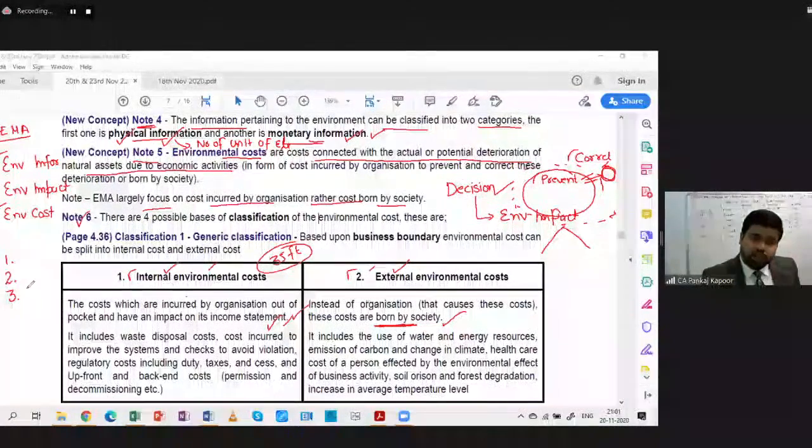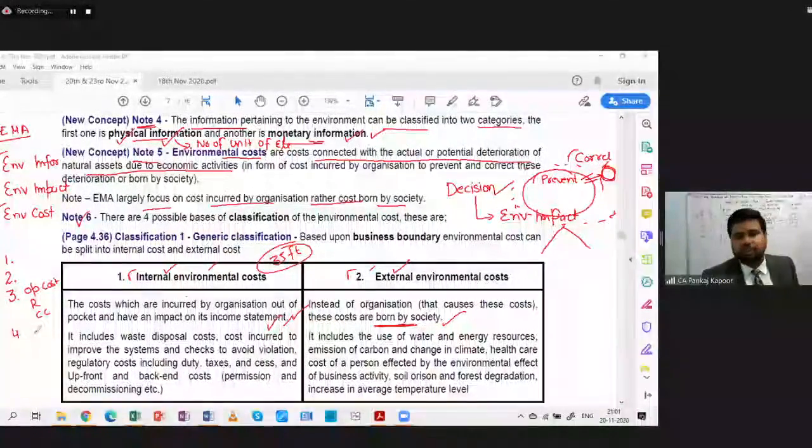The first reason is that environment cost is a major part of the operating cost. The second reason is that EMA considers the regulatory aspect. The third is that if the company is a good corporate citizen, then people will love to buy the product from me.